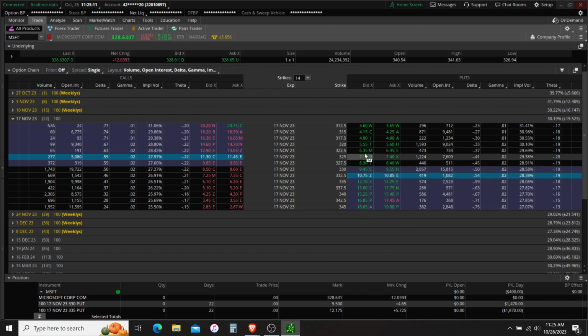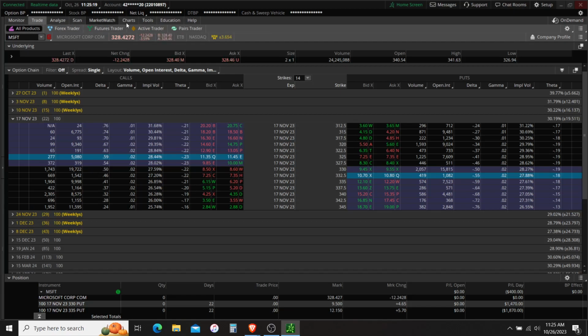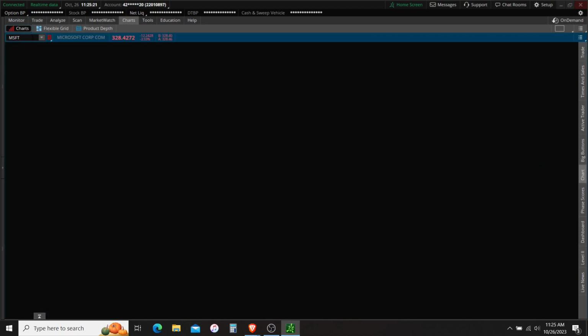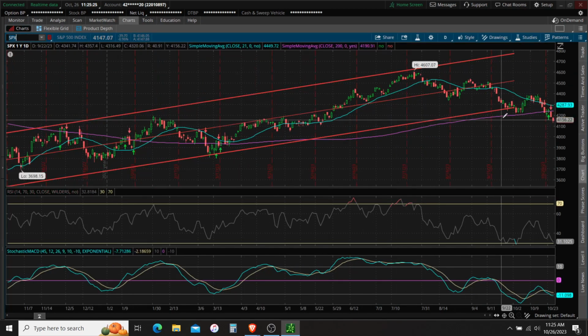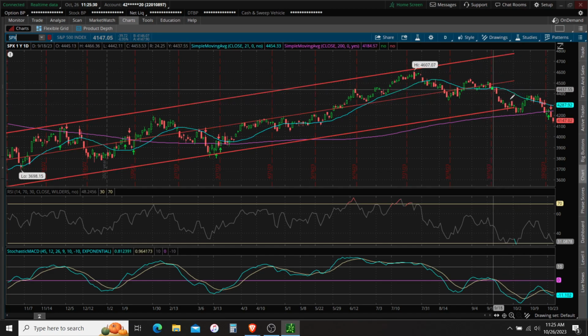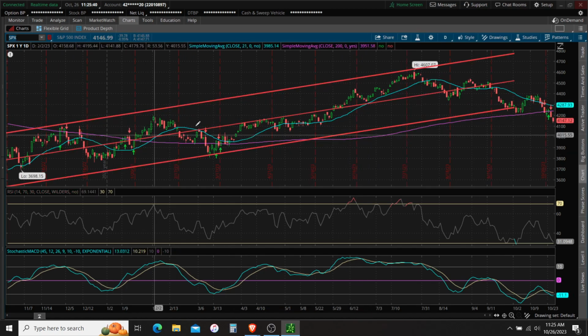Oh, one more thing. This strategy doesn't work very well in terms of high volatility. Let's quickly look at the SPX. The S&P has been really choppy in recent months: coming down, big sell off, back up, big sell off. It works much better during a trending market, either up or down, it doesn't matter.